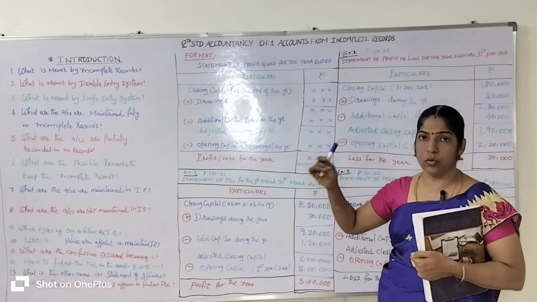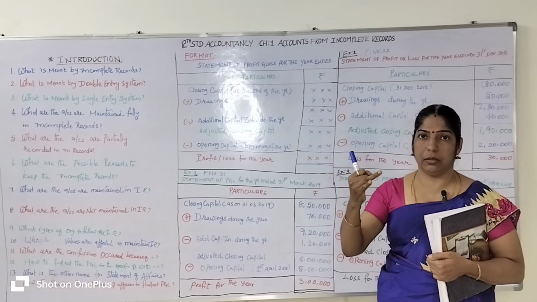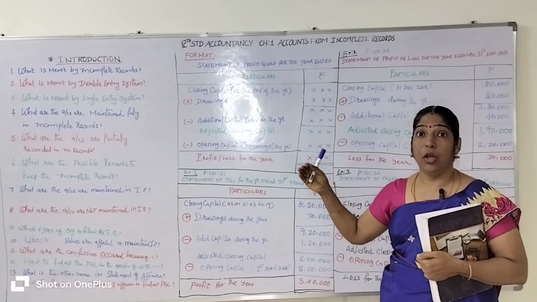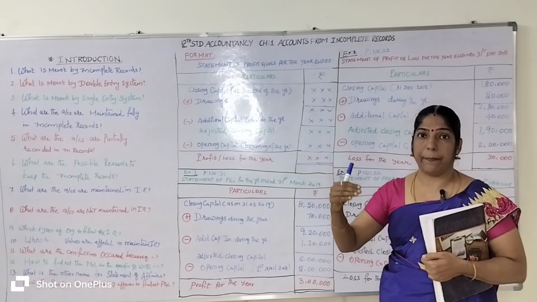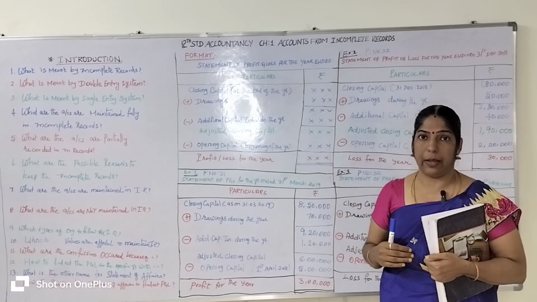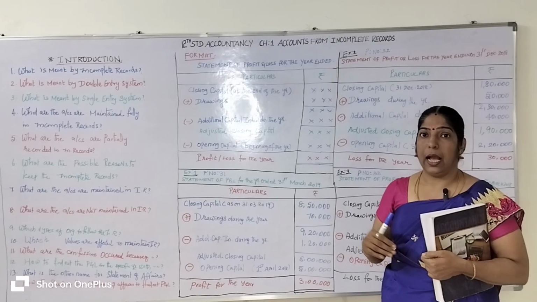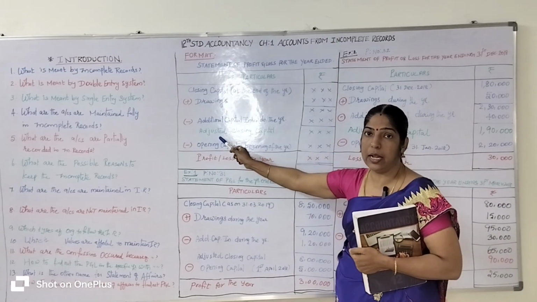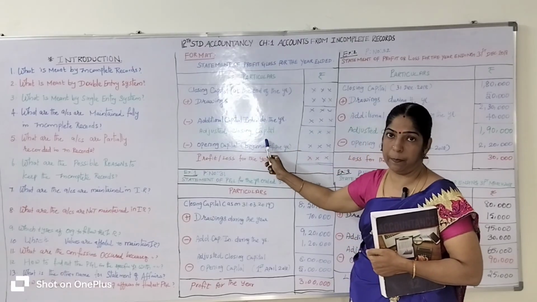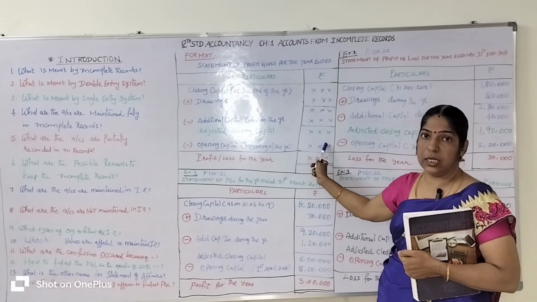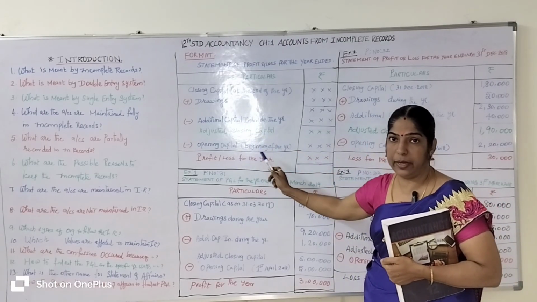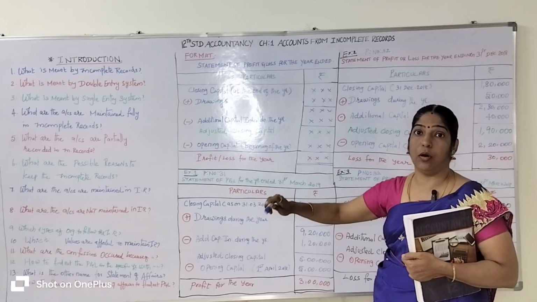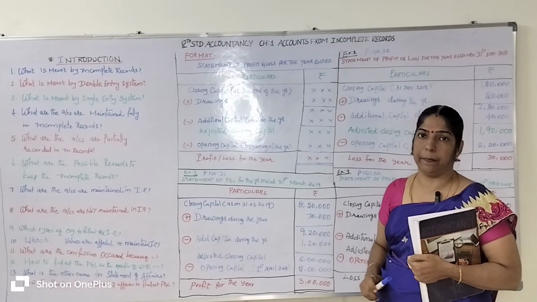Closing capital and drawings added together give a value. From that value, we subtract the additional capital during the year. After subtracting, we get the value called the adjusted closing capital. From the adjusted closing capital, we subtract the opening capital. We get the value that is called the profit or loss for the year.